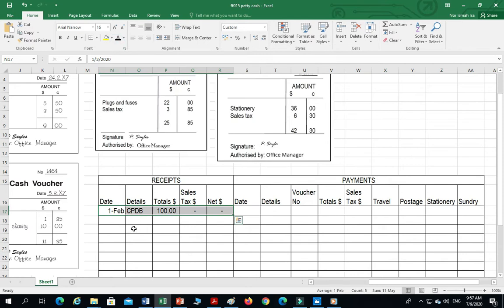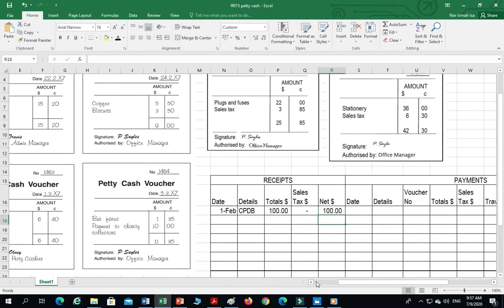So this is 1 February. The amount received is from cash payment debit. This is 100. Since there is no sales tax, the net amount is $100.